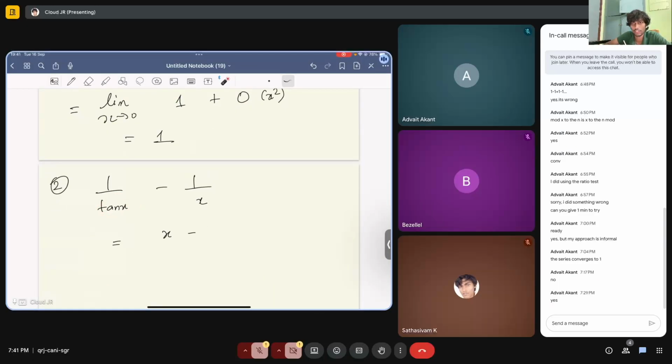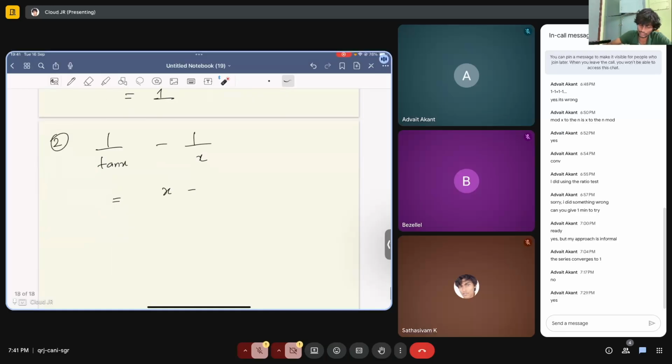And how do you deal with that? That's not very easy. The term in the denominator is not the serious issue. The serious issue is that you have a term in the denominator, as well as you are subtracting something, right? And how do you compare these two? So what you do is, first cross multiply and simplify it by x tan x.